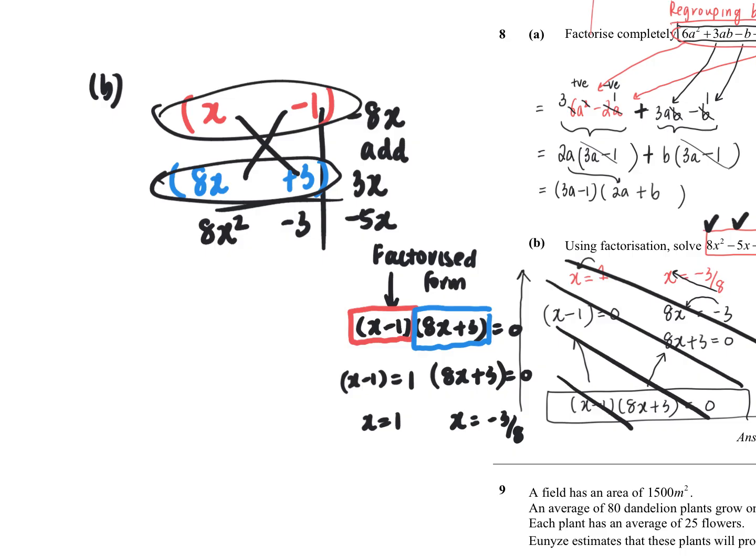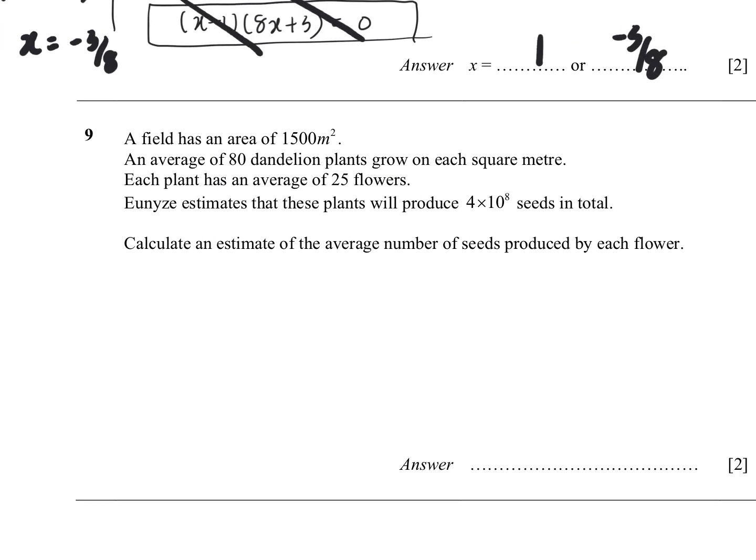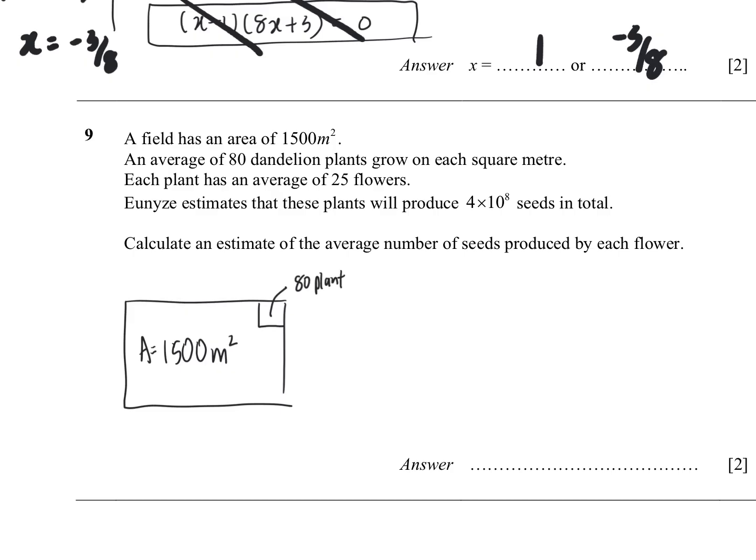Okay, question 9 is a standard form question. So it says I have a field that is of this area. I always like to draw because it helps me see better. So this is the area. And it says that I have 80 dandelion plants that are being grown on each square meter. So here I have 80 plants per square meter.